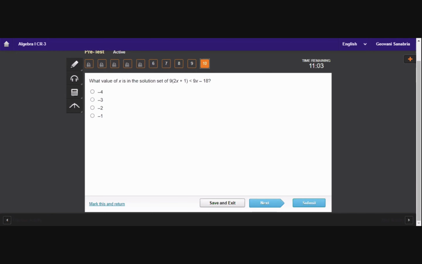Now we're going to divide. And what are you using to divide? The negative 9. That -3 is less than x.